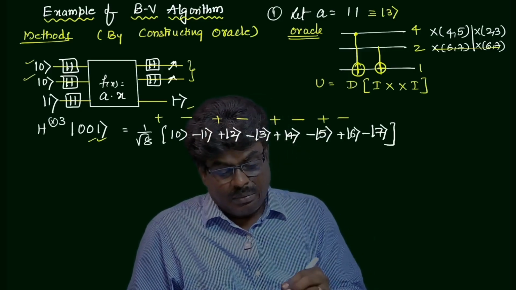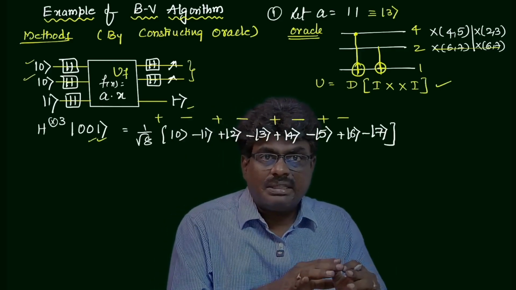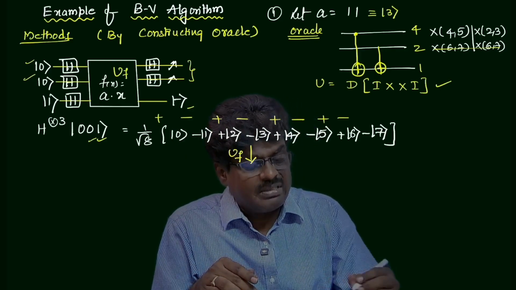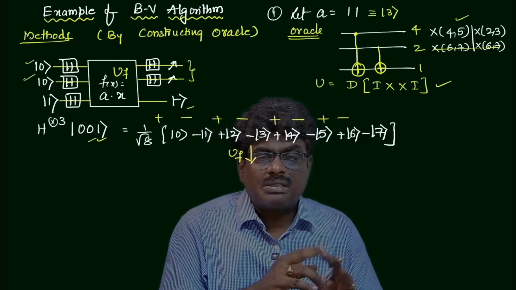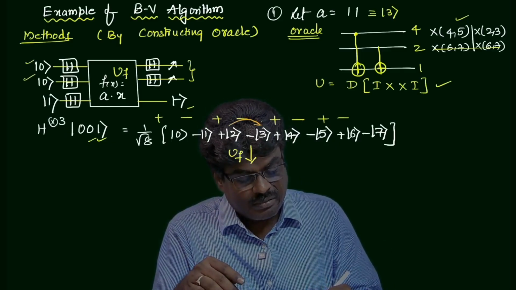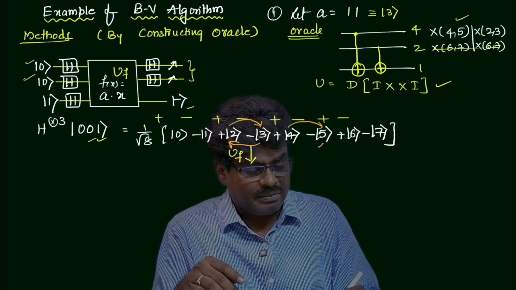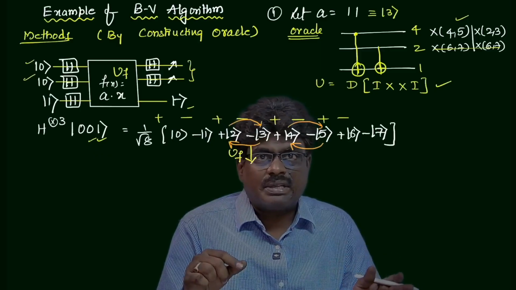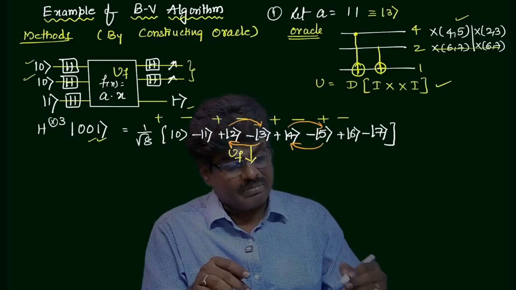Now we operate U_f, the oracle we have constructed. Please check what this oracle function is: X23 and X45. So 2 and 3 flip, and 4 and 5 flip. State 4 goes to the fifth place, and state 5 goes to the fourth place. That means the phase factors interchange.